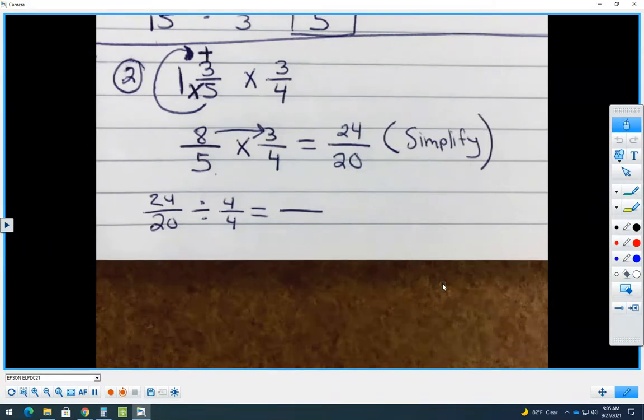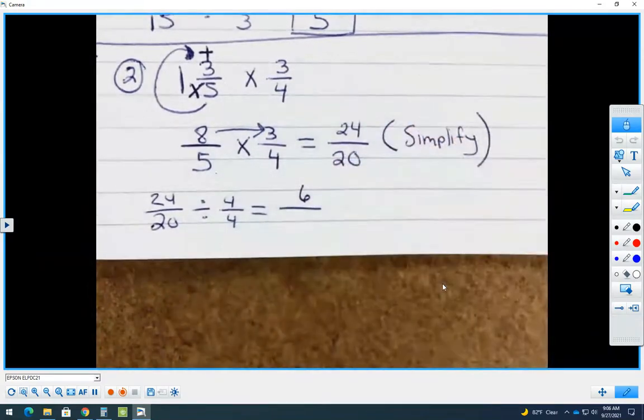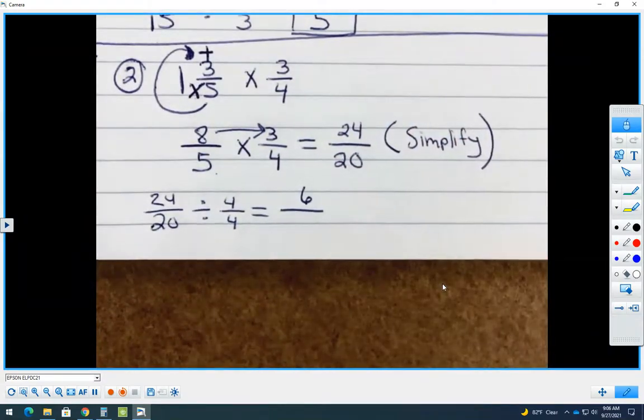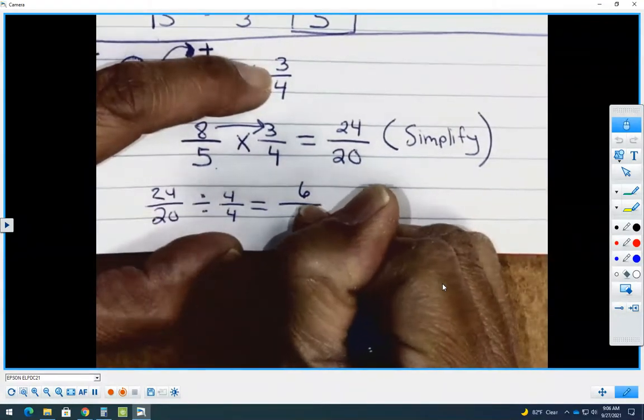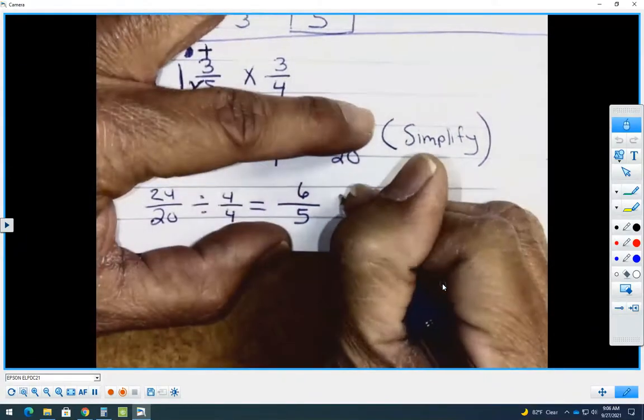Now, if you don't know how to do this method, you can always do it this way. You can ask, 4 times what gives me 24? 6. So 6 goes on top. 4 times what gives me 20? 5. There, I just simplified. The answer right now is 6/5, but this is an improper fraction.